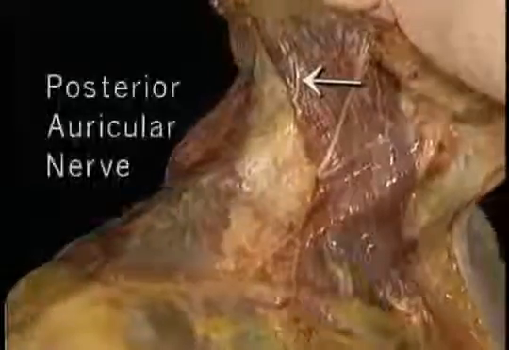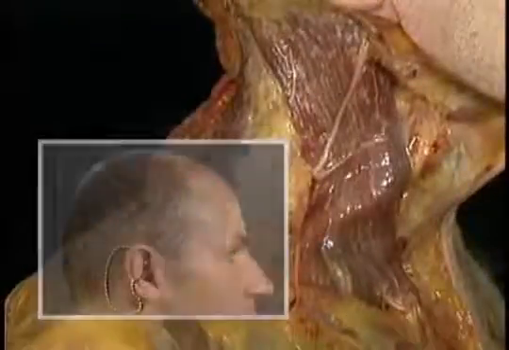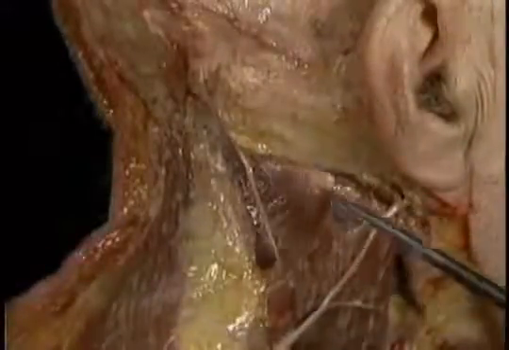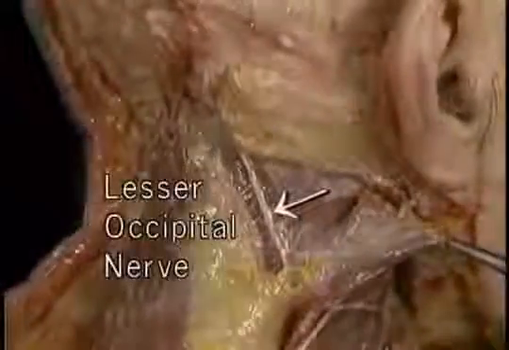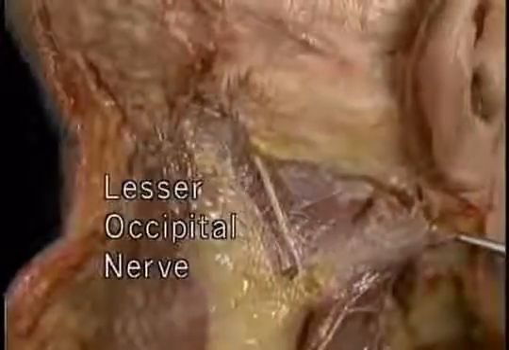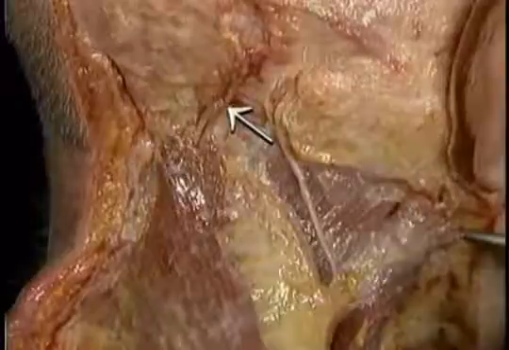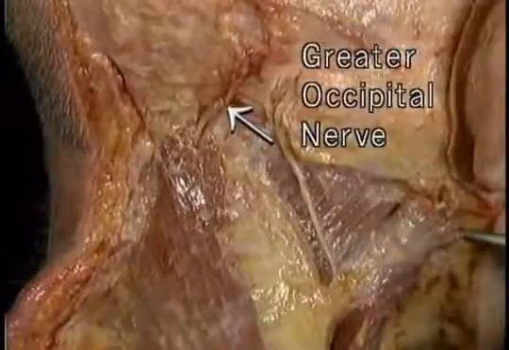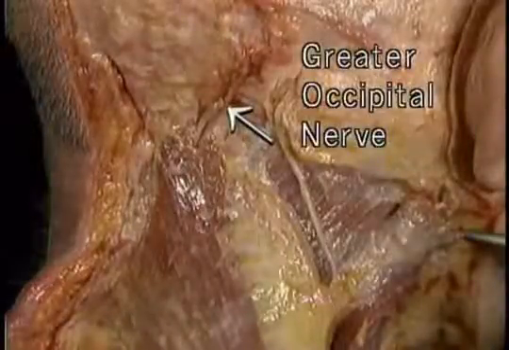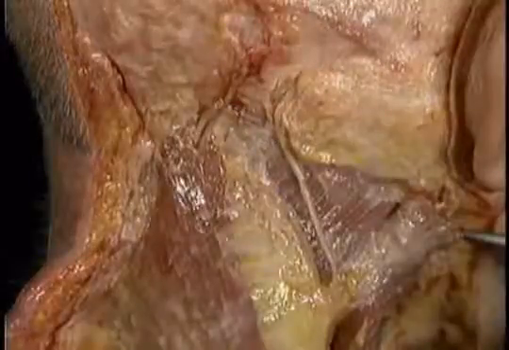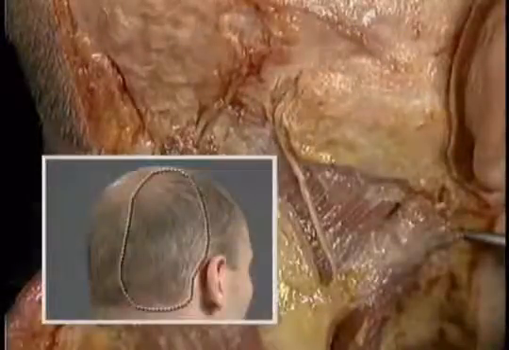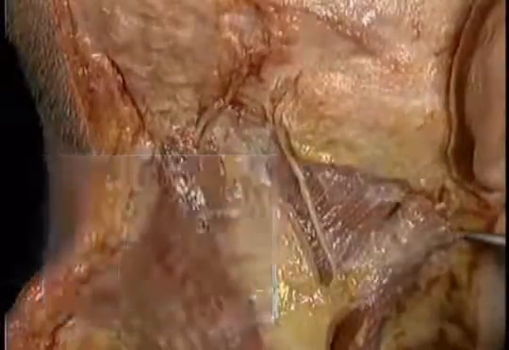This is the posterior auricular, which supplies this area. Here, just beneath the sternocleidomastoid, is the lesser occipital nerve. Here, more posteriorly, is the greater occipital nerve, arising from the posterior root of C2. The occipital nerves supply this area on the back of the scalp.